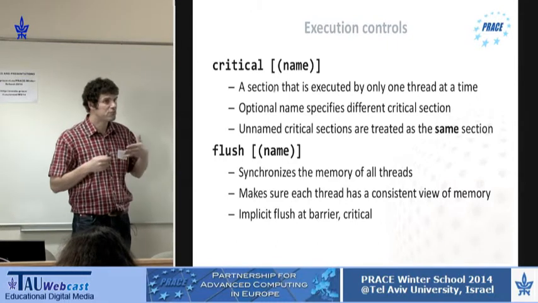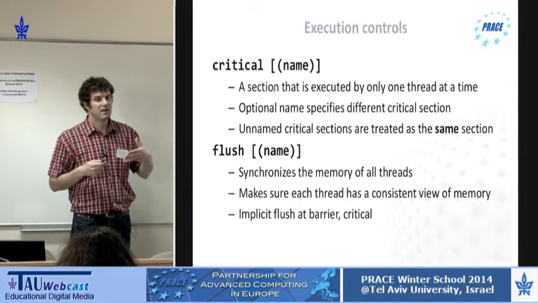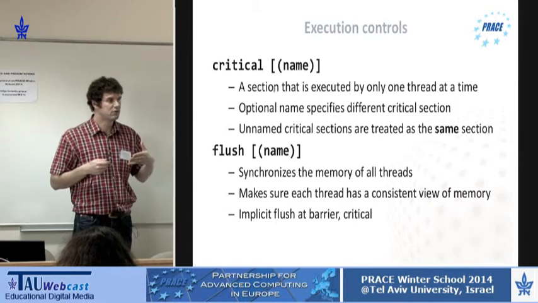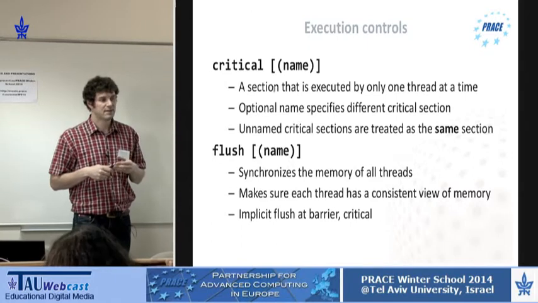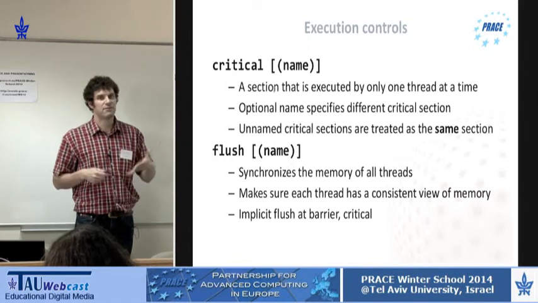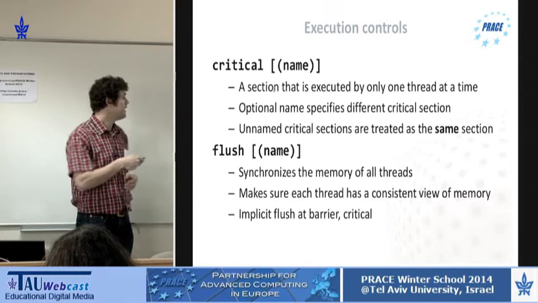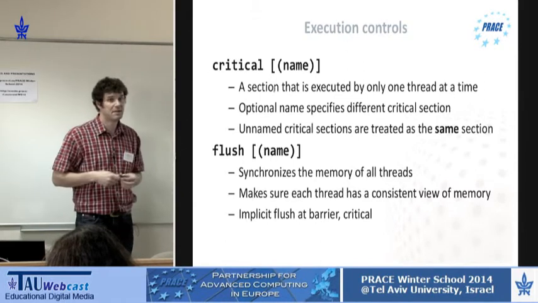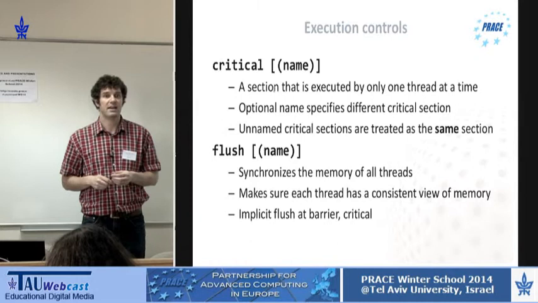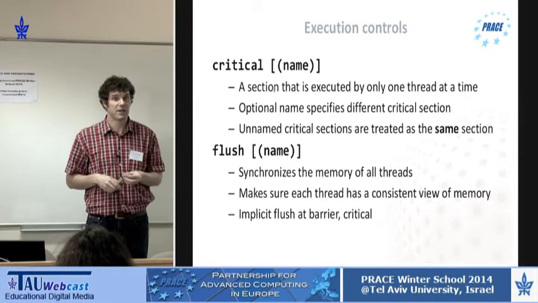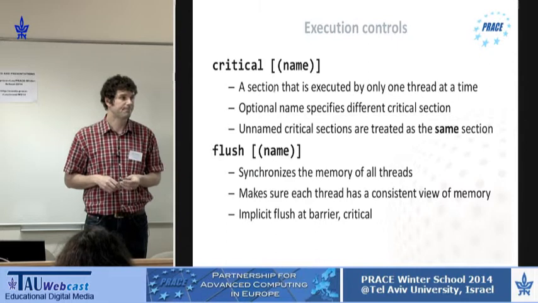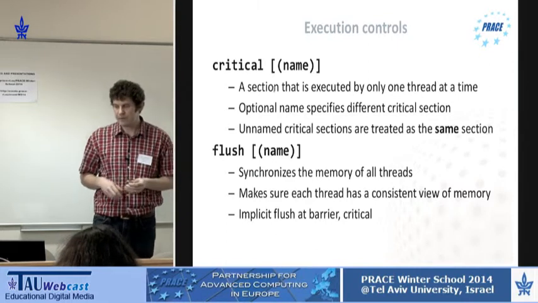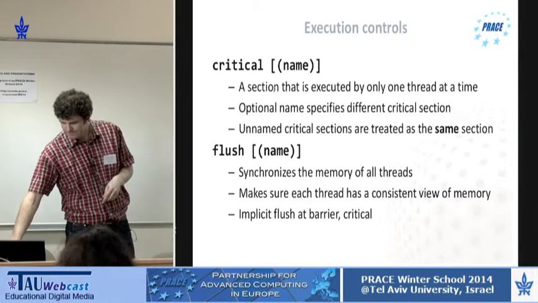Even though both threads are about to work with the same variable, because of cache effects, they would have a different view of the variable. And this flush statement can be used to force some synchronization for the memory and caches, and make sure that cache effects are not making any harm there.